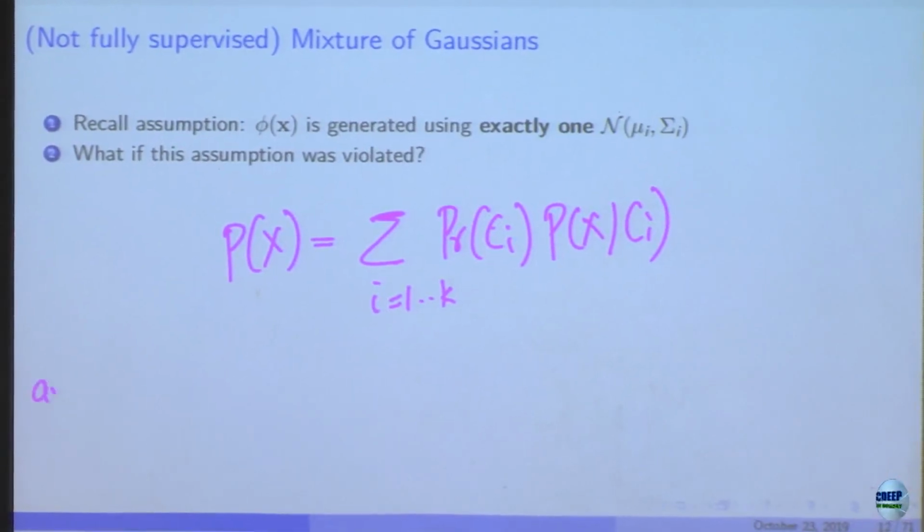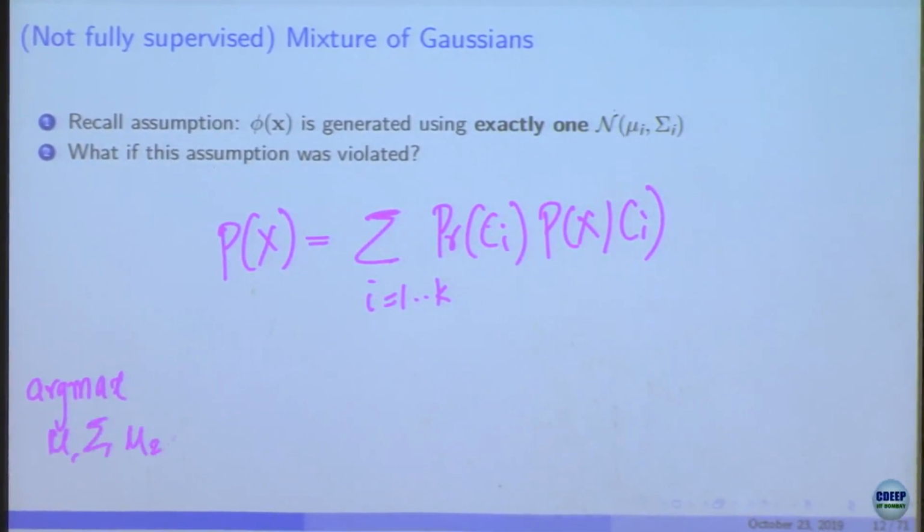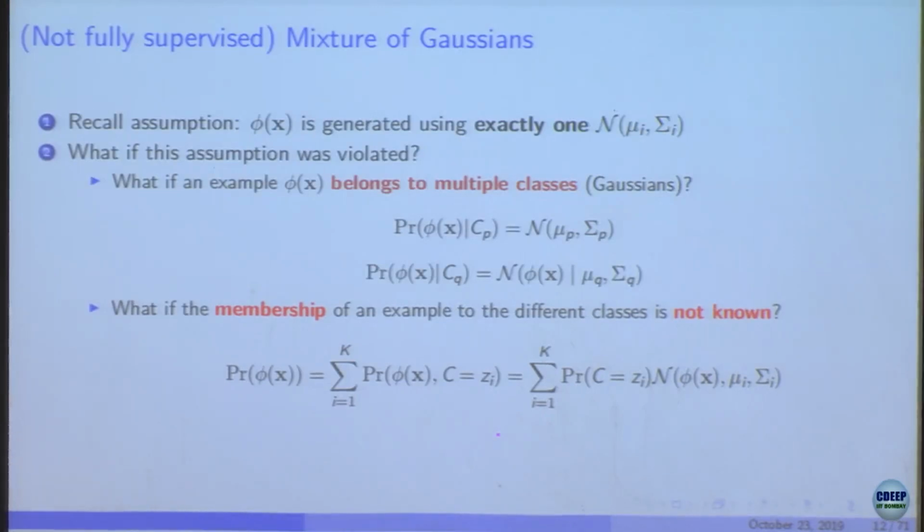So what I'm going to say is argmax over mu1, sigma 1, mu2, sigma 2 and probability of class of the likelihood computed across all the examples. This is the problem. Okay, so we are not told that the point belongs to exactly 1. So we'll use this assumption, but here we'll have a mixture.